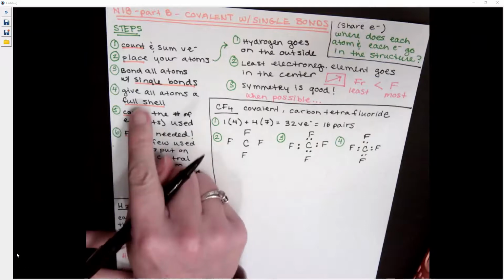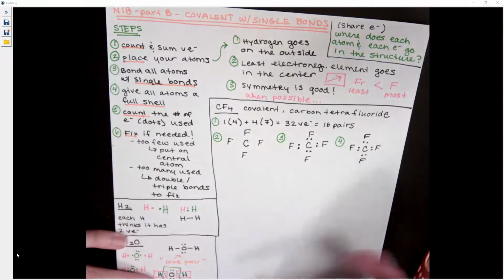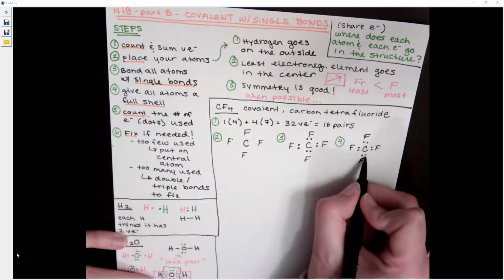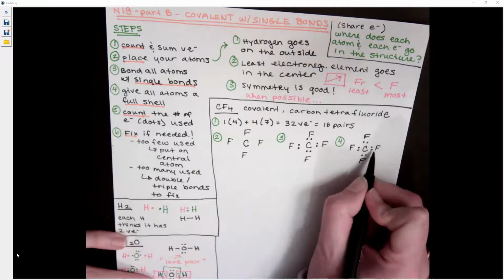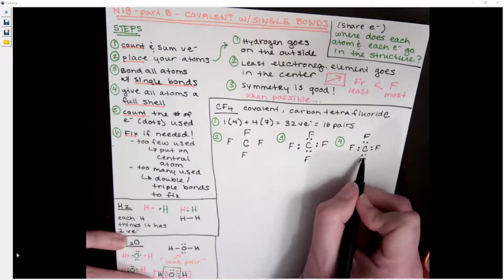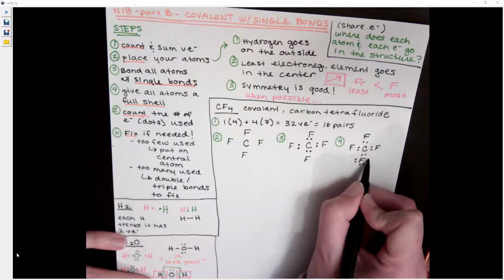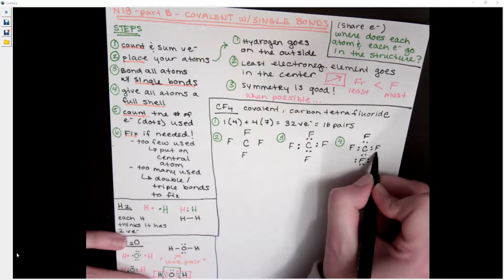So next is give all atoms a full shell. I'm just going to give them as many electrons as they want and hope that it works. So right now the carbon is already full. It already feels like it has 8. So now I'm going to do the fluorines. It already feels like it has 2, so it just needs 6 more. And I'm going to keep them on the sides of the boxes.